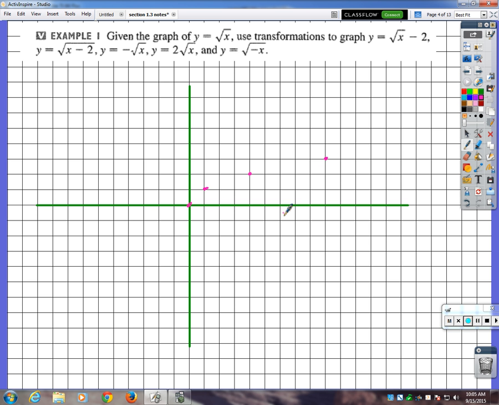You don't do those. Okay, so those are the points for the square root of x. Square root of x minus 2, what do you do with all those points? Down 2. Okay, so the square root of x minus 2 would be here.